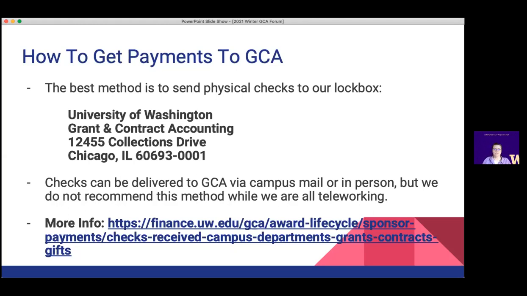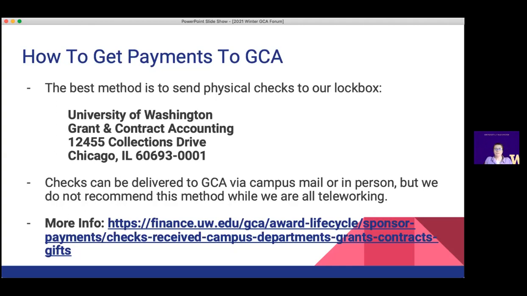It's just a crazy place, but you could probably have better service just by regular US mail to Chicago, which is purposefully selected because it's in the middle of the country. In case anybody was wondering why the University of Washington would have a lockbox in Chicago, Illinois. That really is probably the very best place to get a payment to. And if a sponsor asks, that's what we would say.